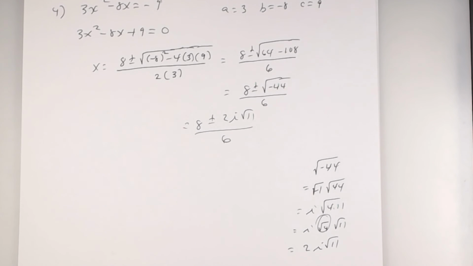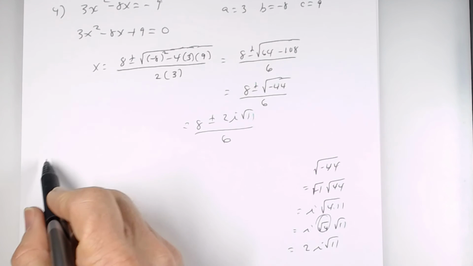So if you stop there, I give you 9 out of 10. I mean, that's good. But why would you get that extra point? You can reduce. Because you know that 8, 2, and 6, what's the GCF of 8, 2, and 6? 2.